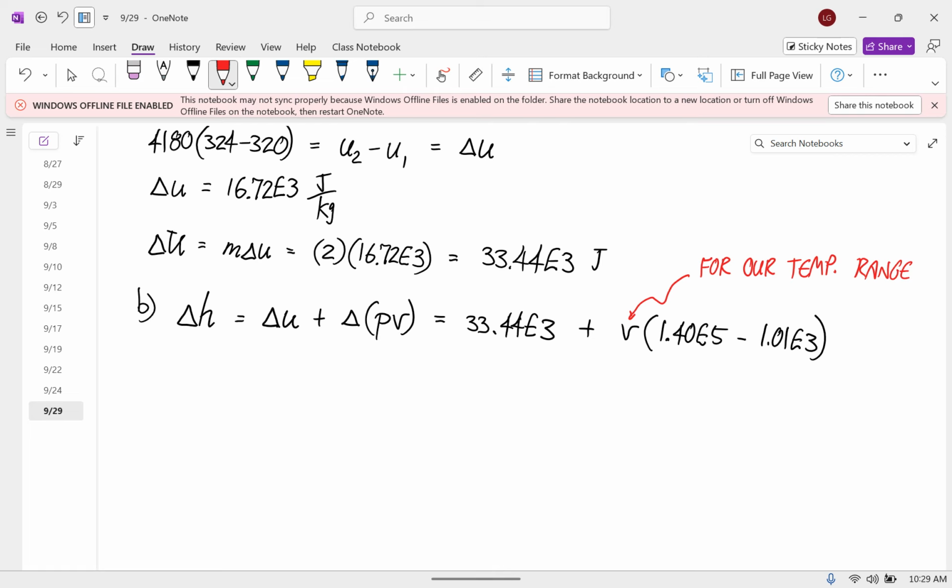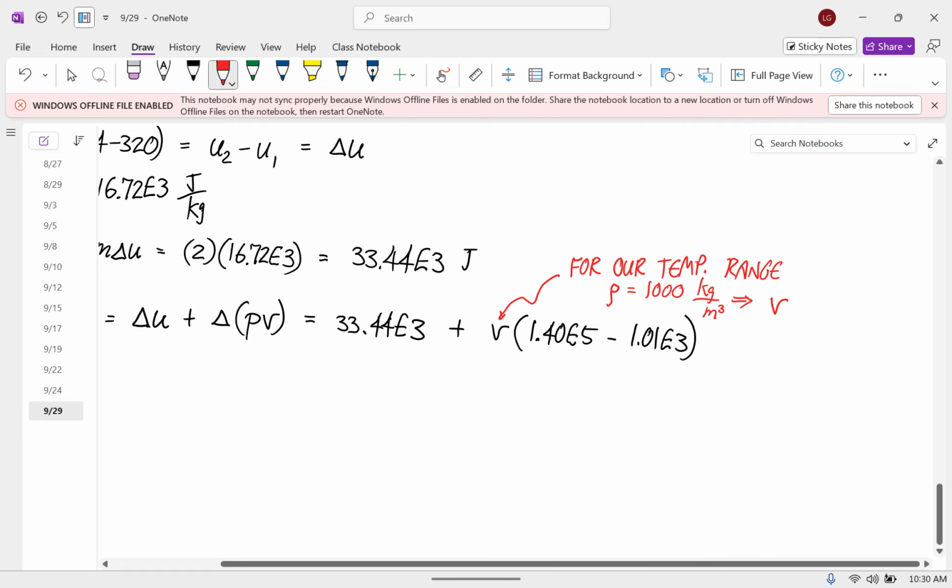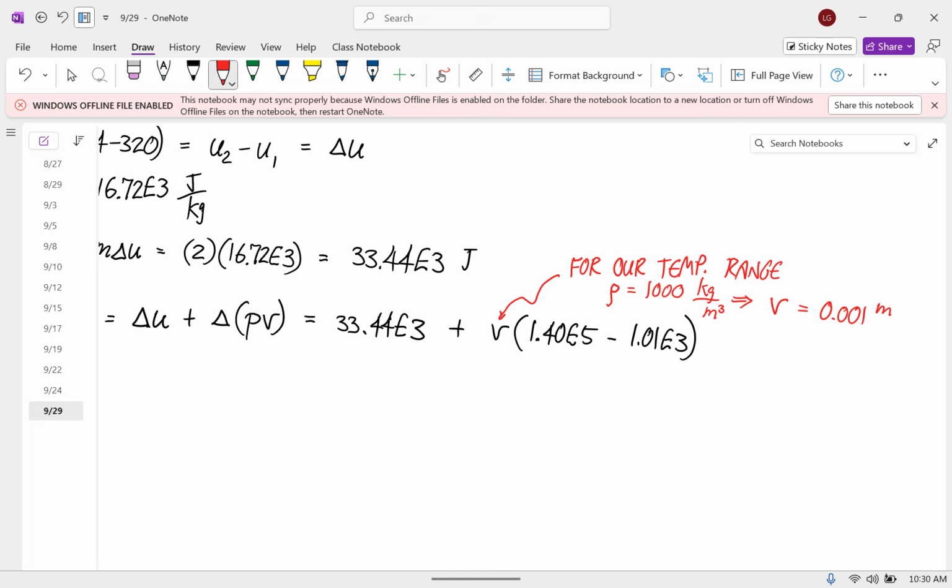Okay, I think of it as 1,000 kilograms per cubic meter, or 1 gram per cubic centimeter. I assume that's the same thing. So this is 1,000 kilograms per cubic meter. And so that means that the specific volume is 0.001, just the reciprocal of that.